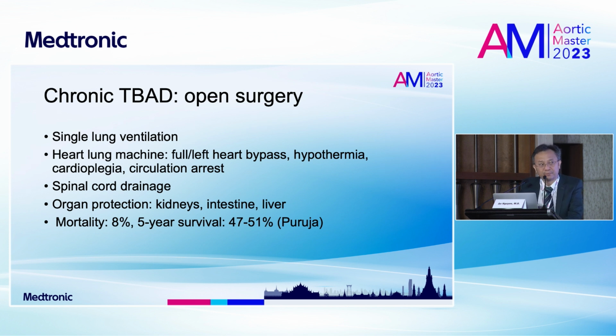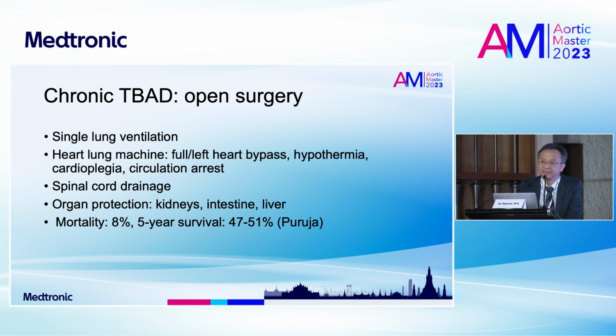If we can clamp the proximal end, we do not need to stop the heart, which means we do not use cardioplegia. In some difficult cases where the lung is very bad, we can use ECMO preparation. Sometimes we have to stop the heart with circulatory arrest, and the temperature can go down to 18 degrees.